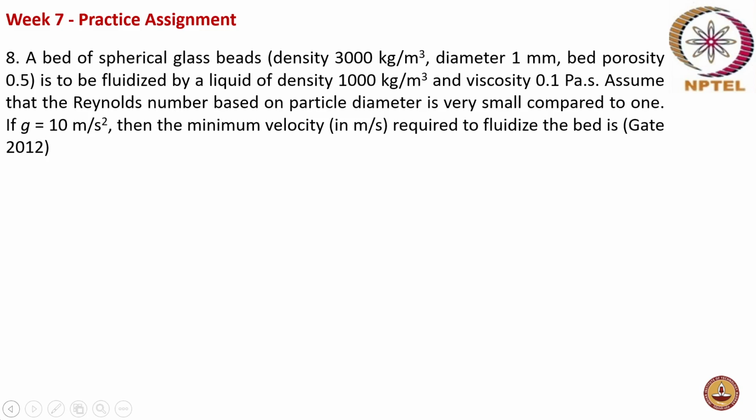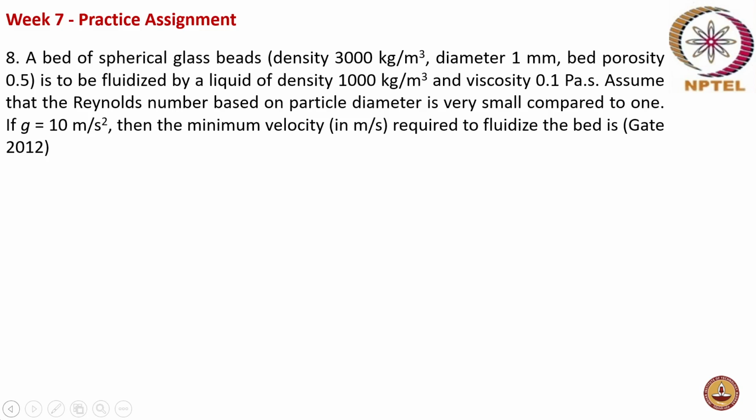Assume that the Reynolds number based on particle diameter is very small compared to 1. If acceleration due to gravity g is equal to 10 meter per second square, then the minimum velocity required to fluidize the bed is, what is the minimum?